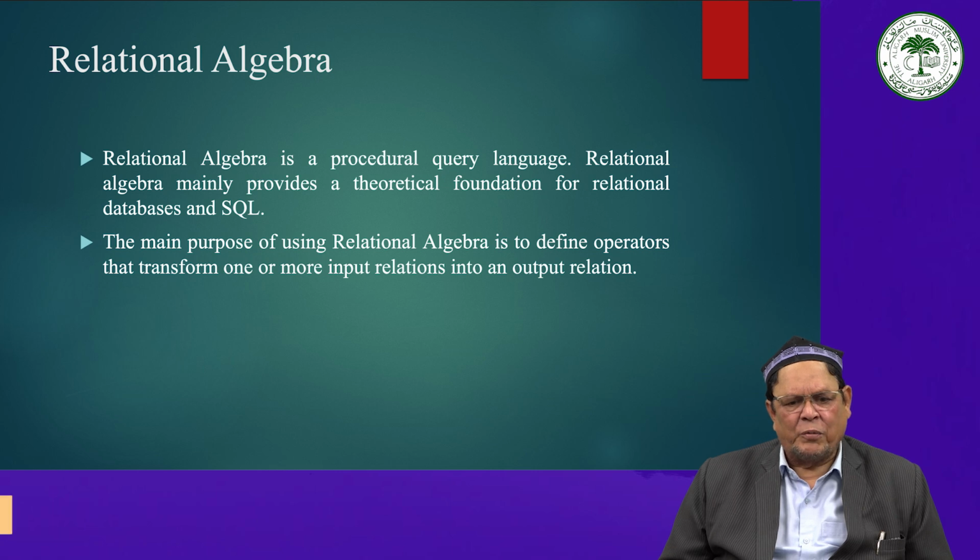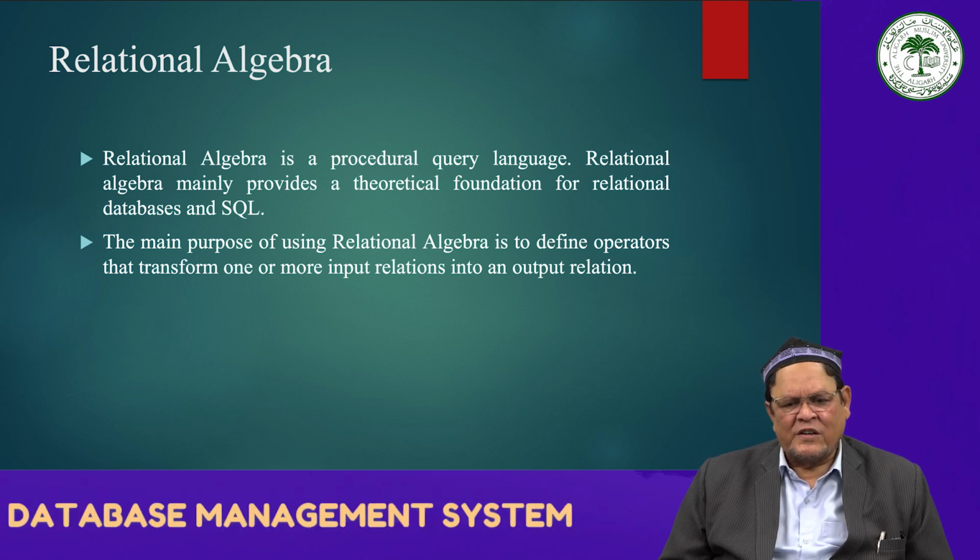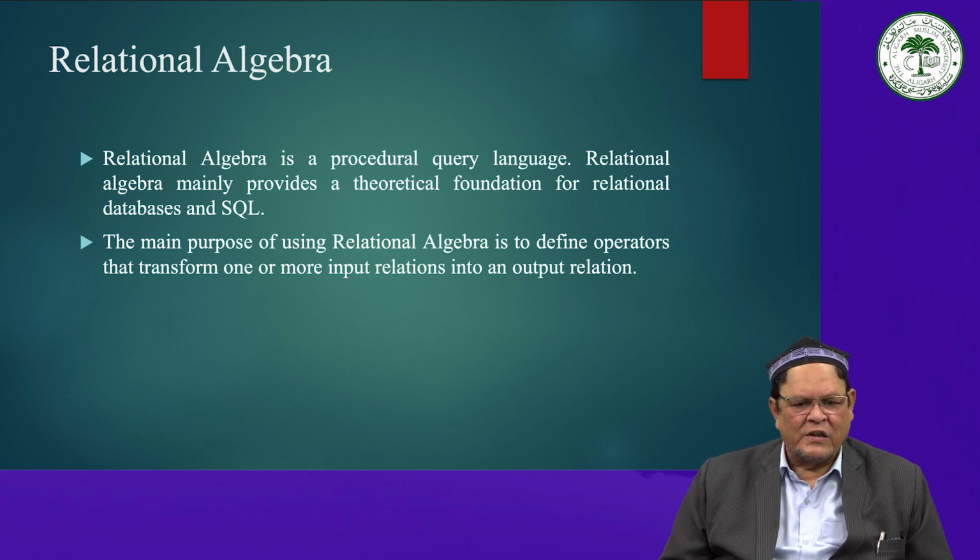Given that these operators accept relations as input and produce relations as output, they can be combined and used to express potentially complex queries that transform potentially many input relations whose data are stored in the database into a single output relation, the query result.